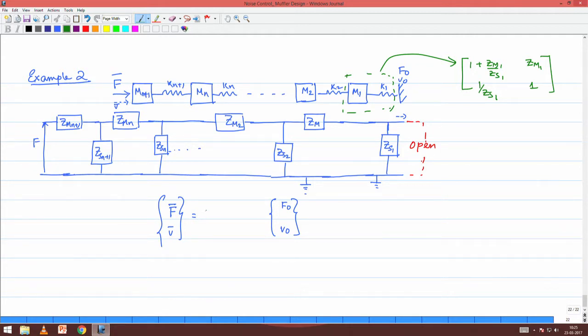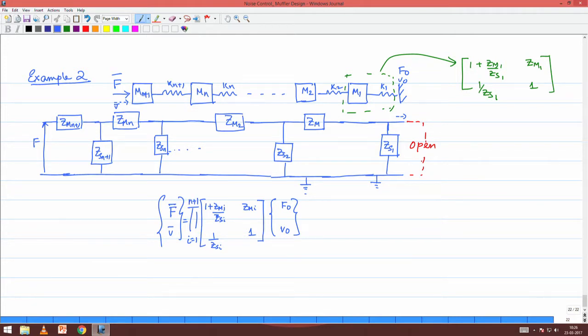So, the generic form of the transfer matrix is [1 plus Zmi by Zsi, Zmi; 1 by Zsi, 1], and you will need to make a product of all these transfer matrices, for i equals 1 to n plus 1 in this case.